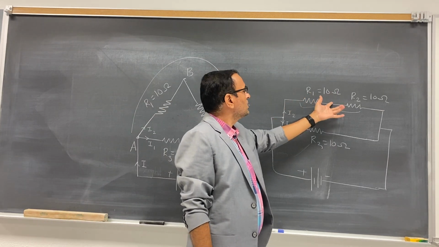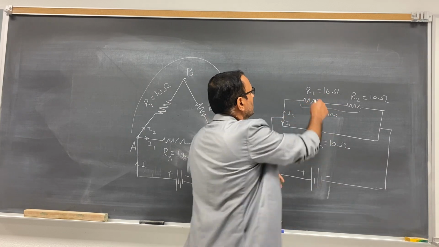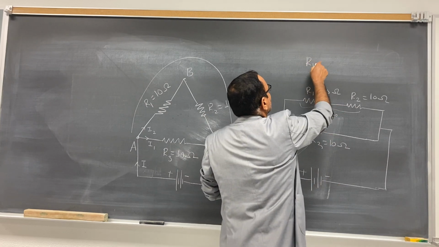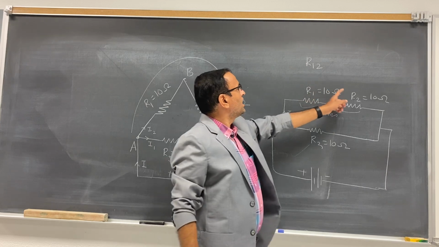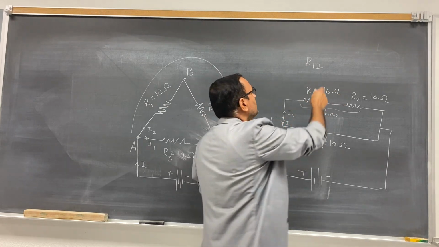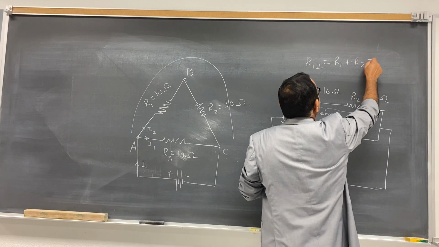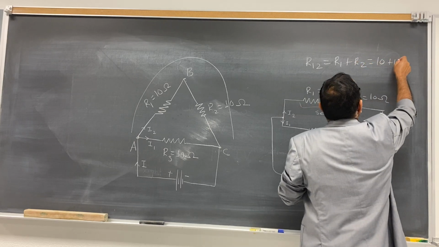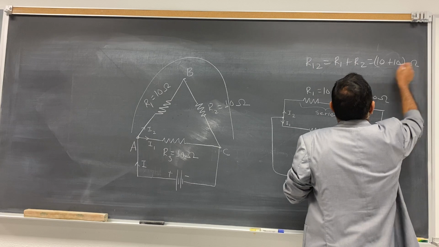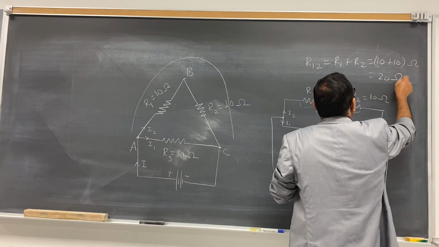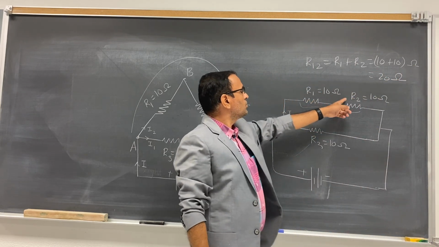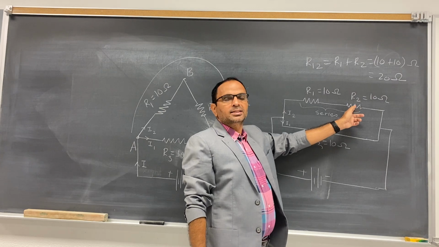Right here you can write R12, the total of R1 and R2. Since they are in series, you write R1 plus R2, so this is 10 plus 10 ohm, which is 20 ohm. This combination of R1 and R2 is 20 ohm because they are in series.